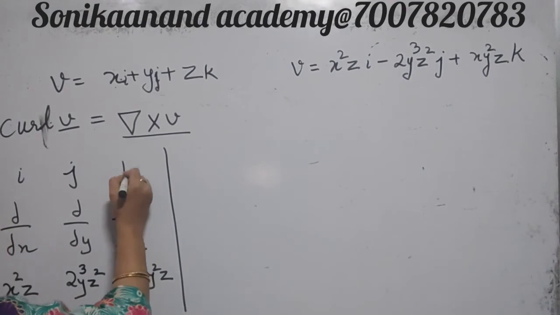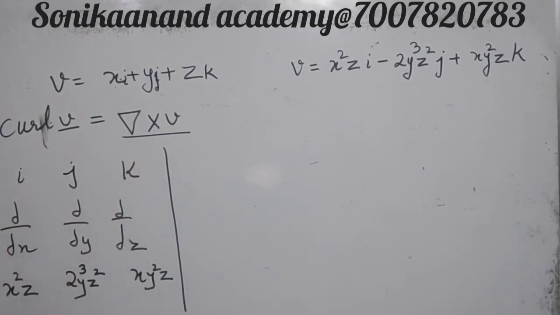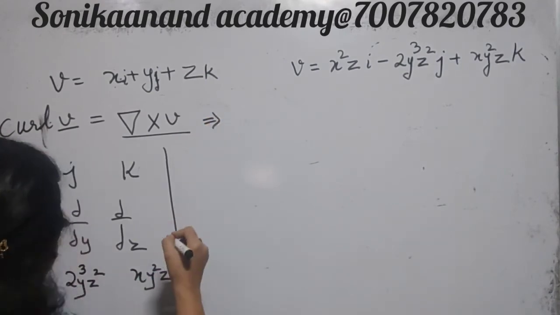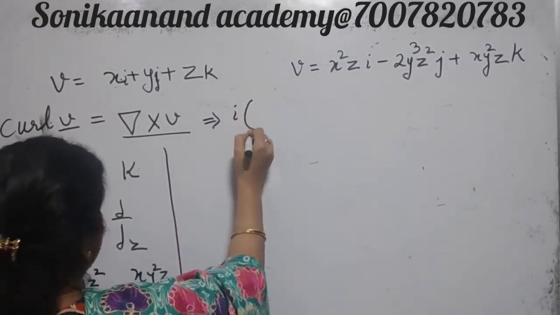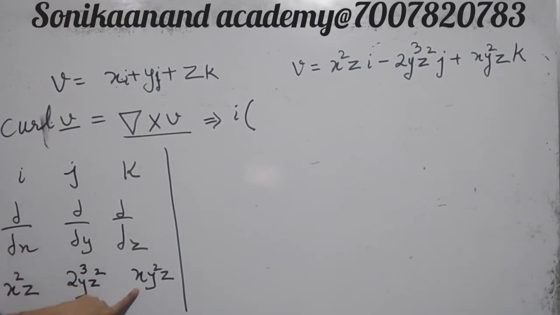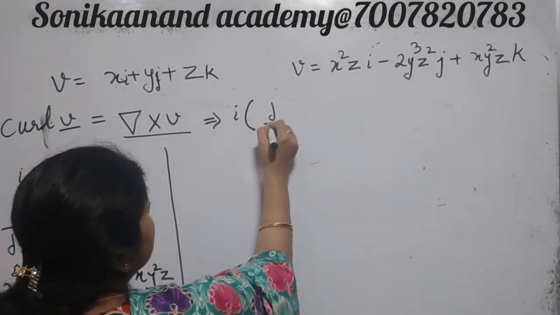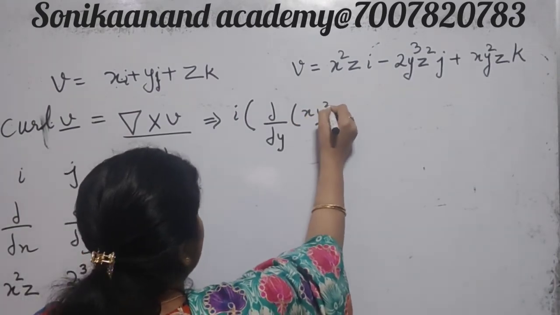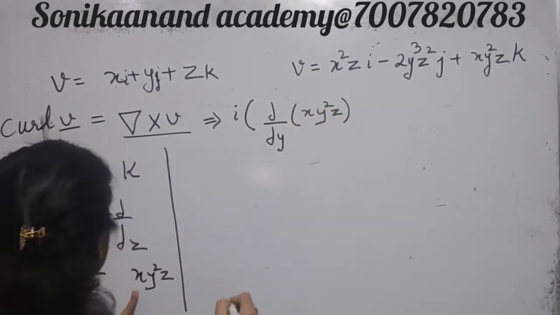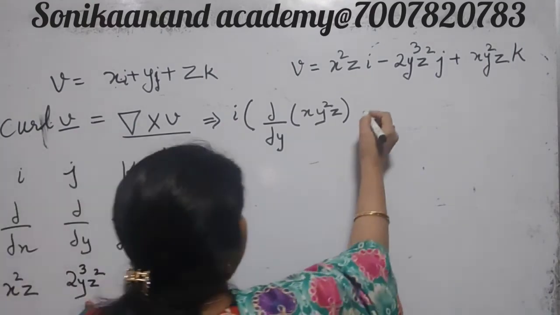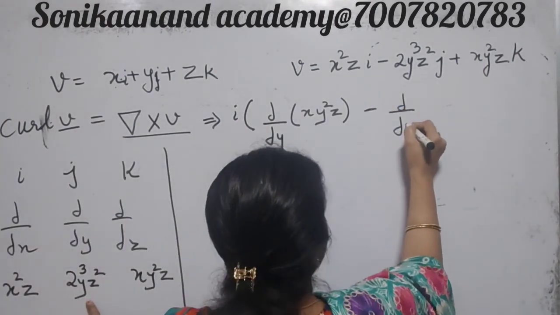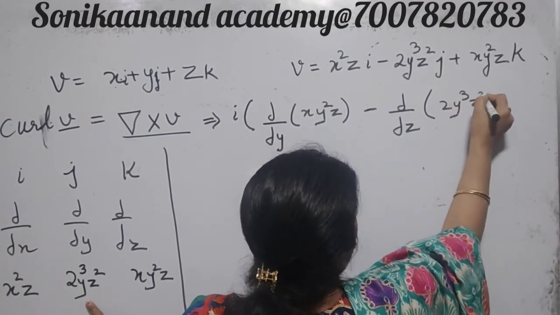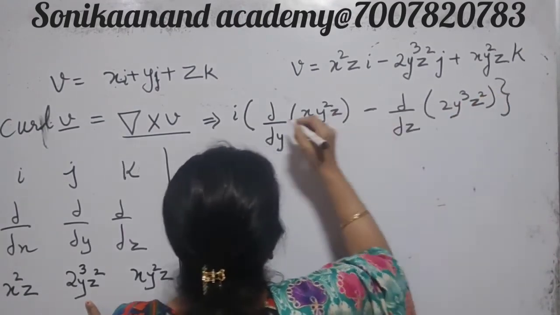Okay. Now, as we solve the determinants, we have to find the vector product. So, for i, d of dy, and the term I will write in the bracket, xy square z. Clear? Then d of this one minus d of dz, and we have 2y cube z square. This is for the i.